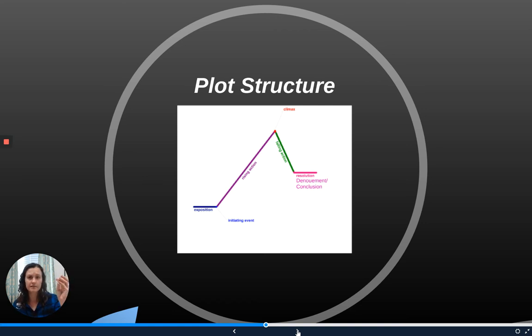Typically, the climax comes at the very, very end of a story, because otherwise we'd quit reading if it happened in the middle of a story. So usually it comes at the very end. And this is where the question we've been trying to answer the whole time we've been going through the rising action, whatever it is that character is trying to overcome, is finally answered: will he or she overcome it?